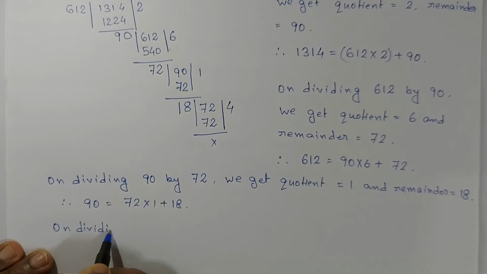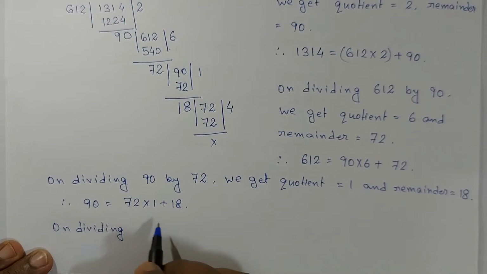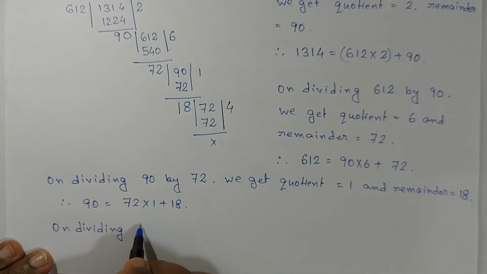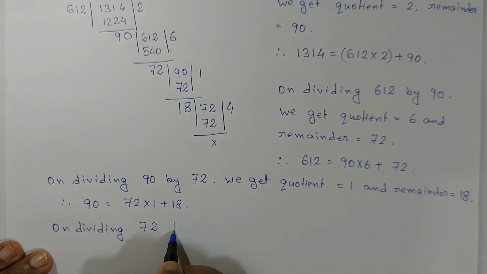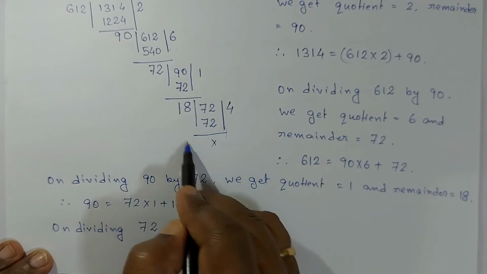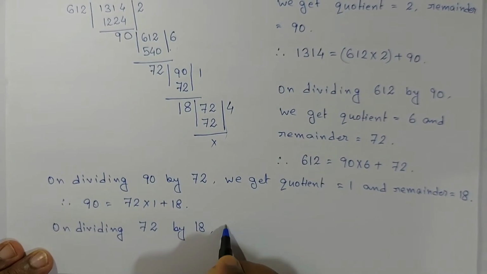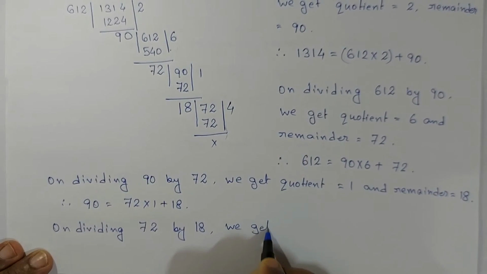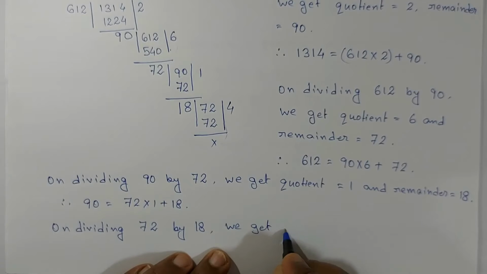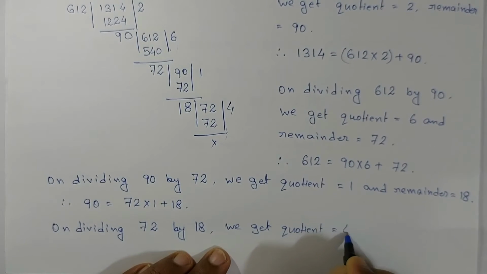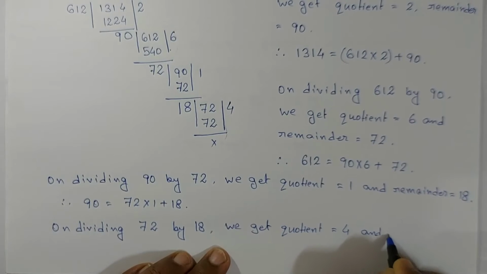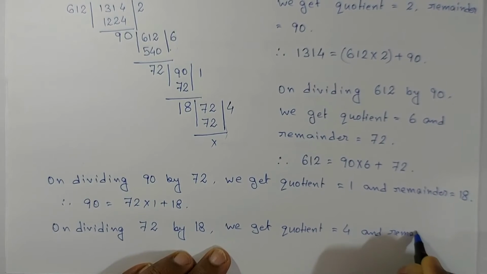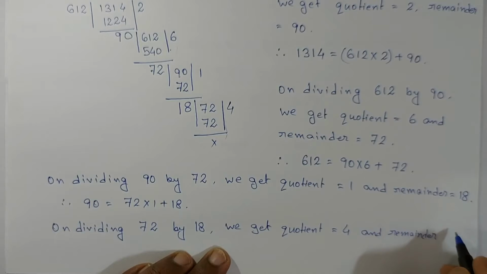On dividing 72 by 18, we get quotient equals 4 and remainder equals 0.